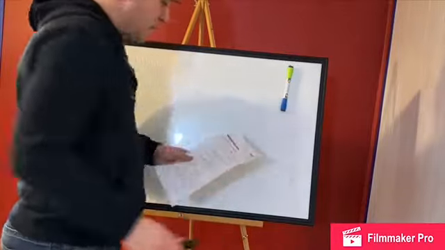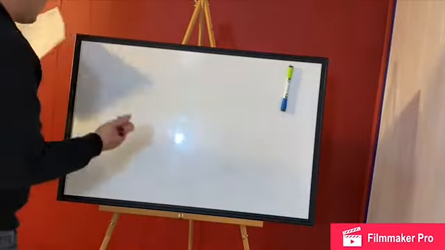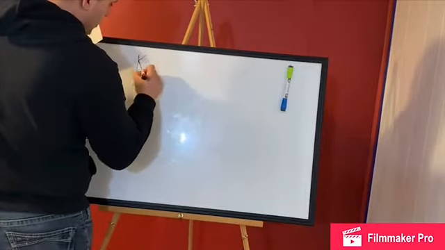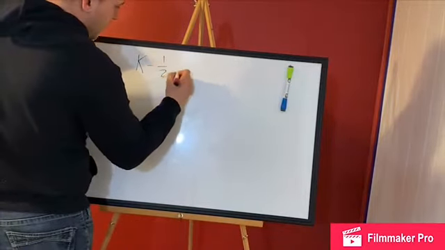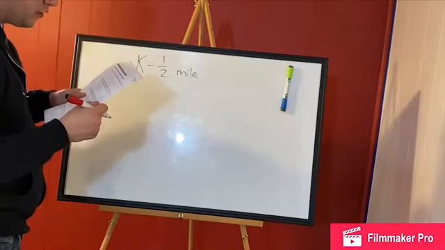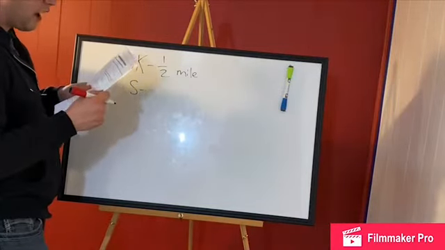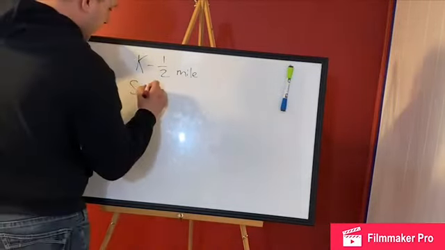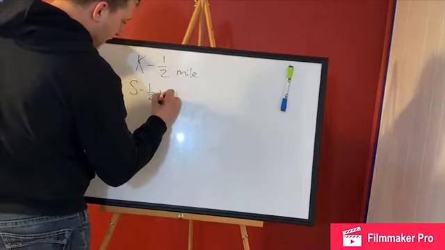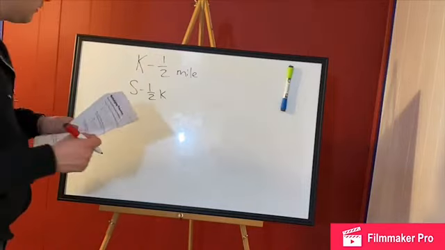So, number 11 says, Karen ran a 1/2 mile. So we're going to use K for Karen, and she ran a 1/2 mile. And then Serena ran half the distance that Karen ran. So we're going to do half K. How far did Serena run?